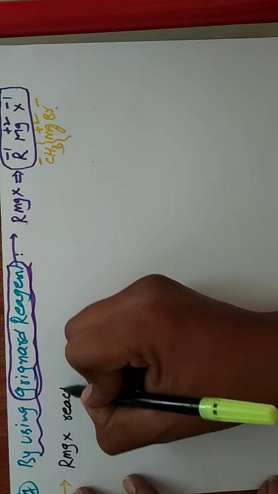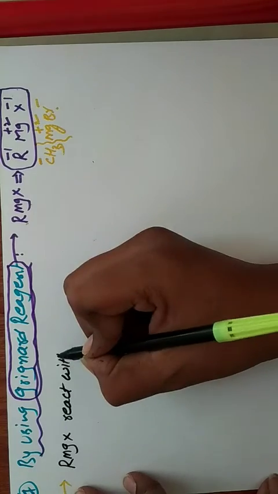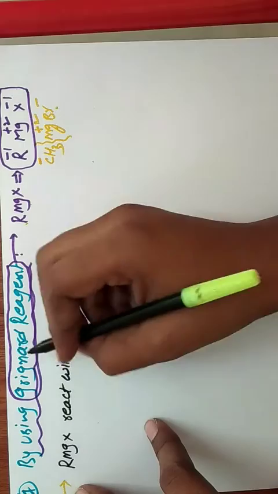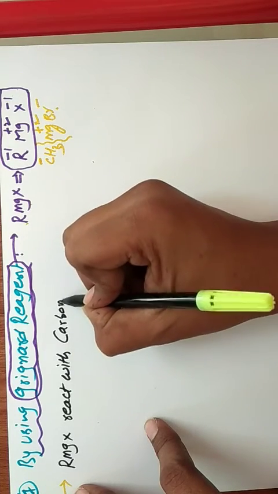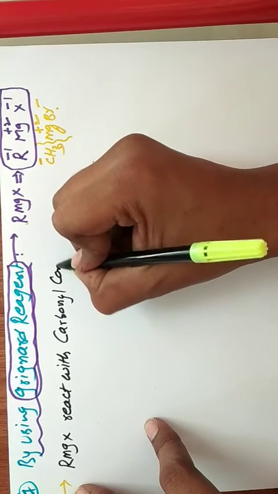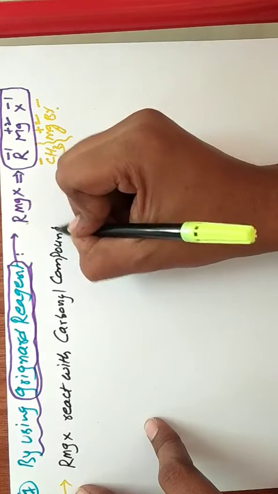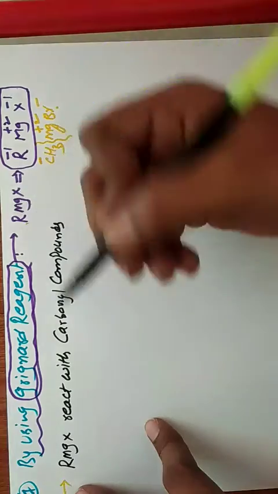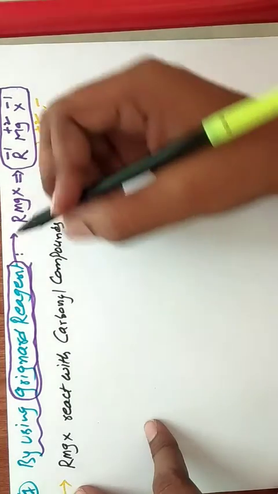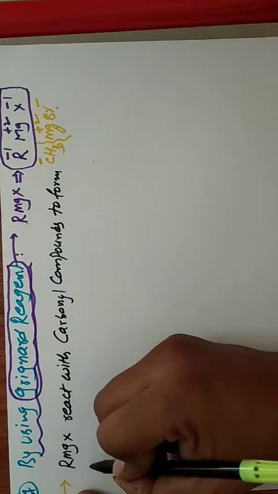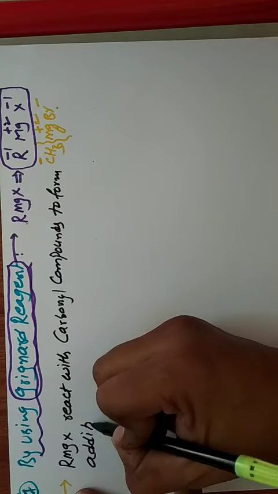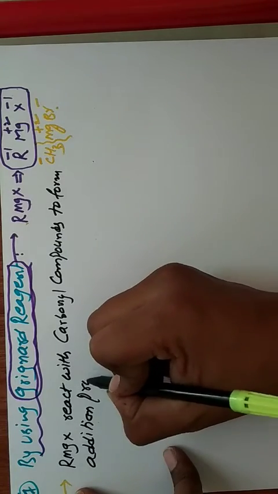reacts with carbonyl compounds. What are those? Aldehydes, ketones, to form an addition product.